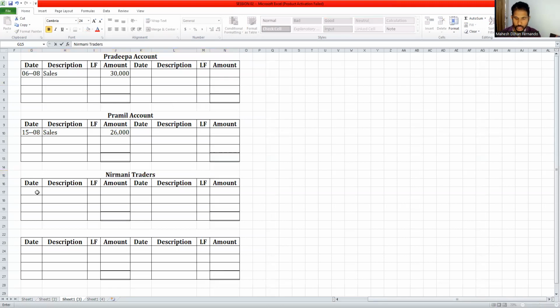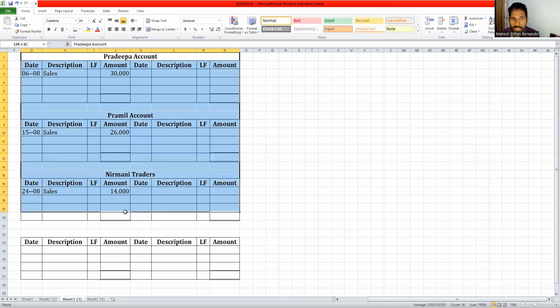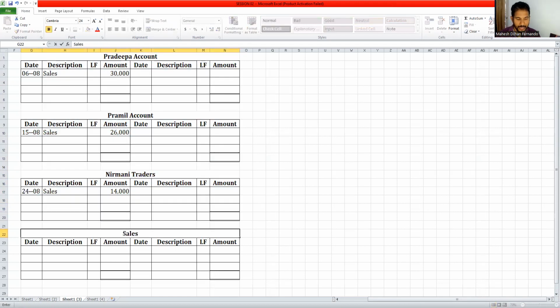The date is 24th of August. We have done a sale to Nirmani on 24th, value 14,000. See, the debtors accounts debit. And on the last day, sales account is credited.